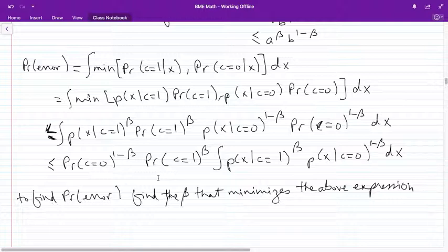So you not only get how good your classifier is in terms of the probabilities that you have, but you also get an estimate of how likely it is that you're going to make errors with your classifier, your probability of error. Okay. All right, guys, we're done. Do you have any questions?